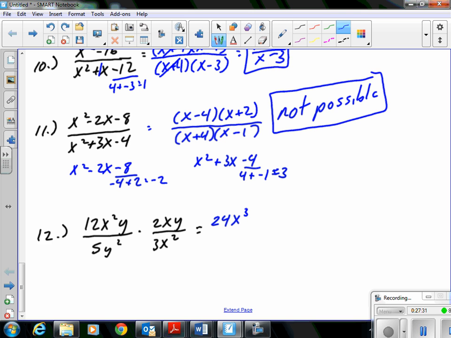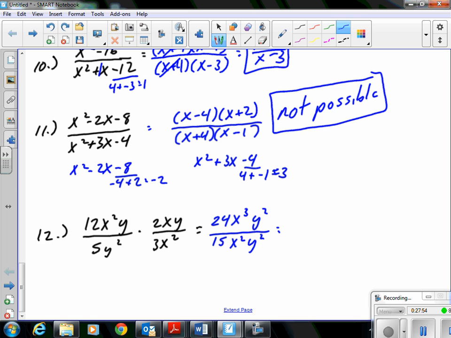And y times y is going to give me y squared, which is going to be over 5 times 3, which is 15. And then x squared, y squared.